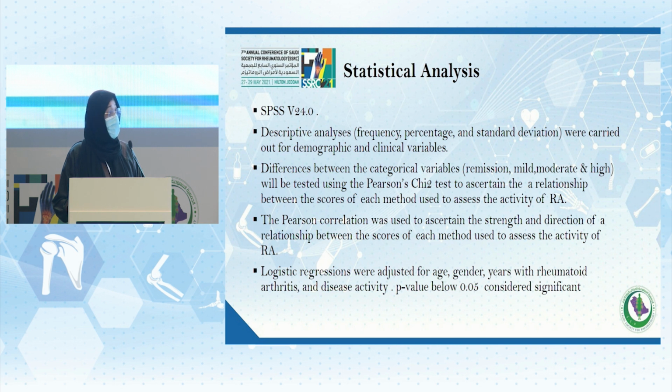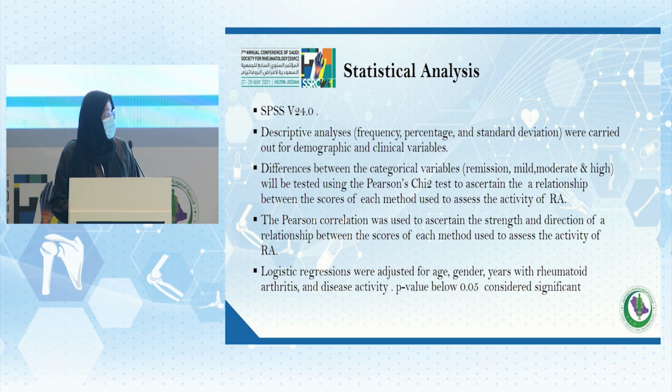The statistical analysis was done by using SPSS 24. We used frequency, percent, and standard deviation for the demographic and clinical variables. Differences between the categorical variables, which are remission, mild, moderate, and high disease activity, were assessed by the Pearson's chi-square test to ascertain the relationship between the scores for each method.